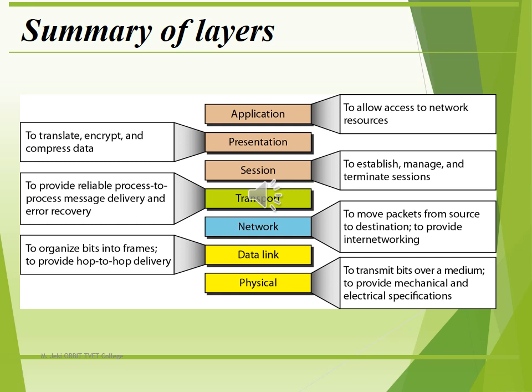This is where we attach the IP addresses to the packets, the destination address and the source address, before we send them to the transport layer, which provides reliable process-to-process messaging, or which breaks up the packets or the frames into smaller bits. And remember, addresses have already been attached.